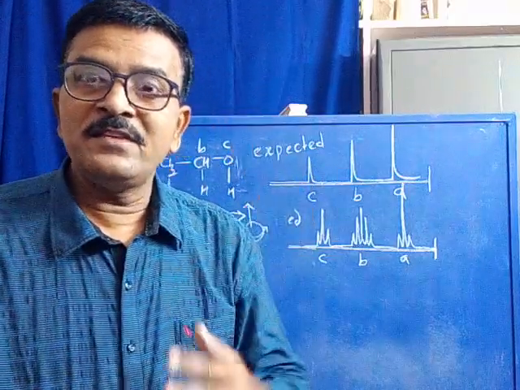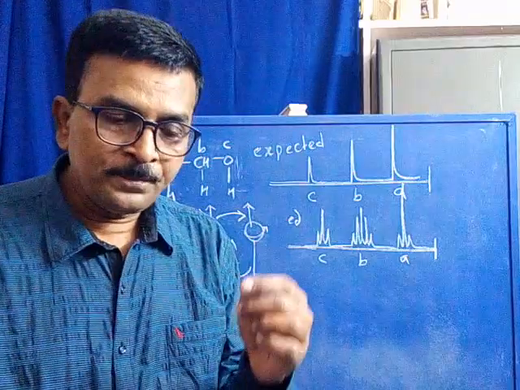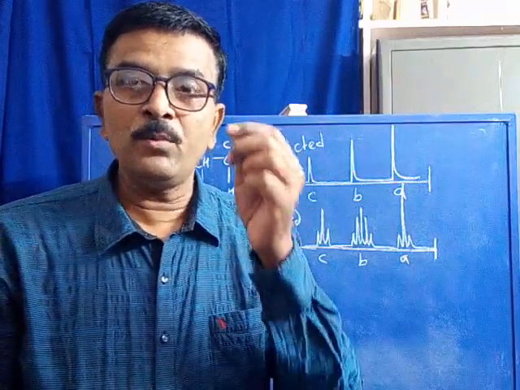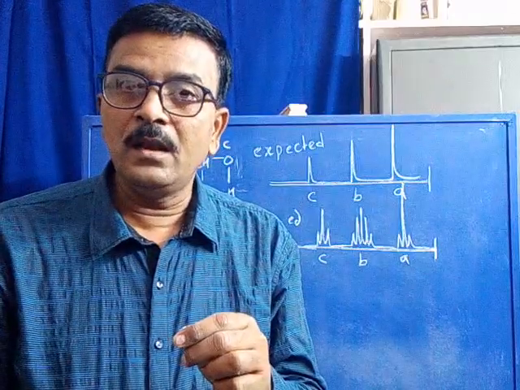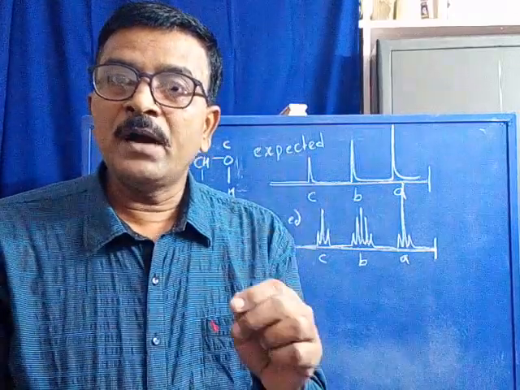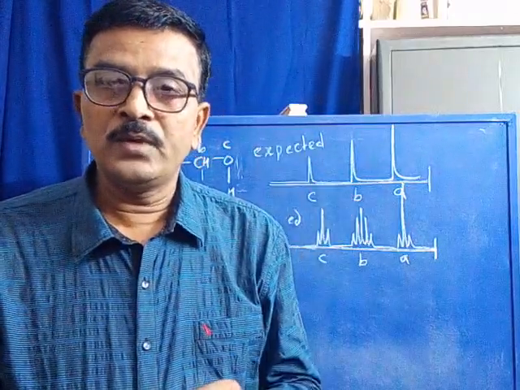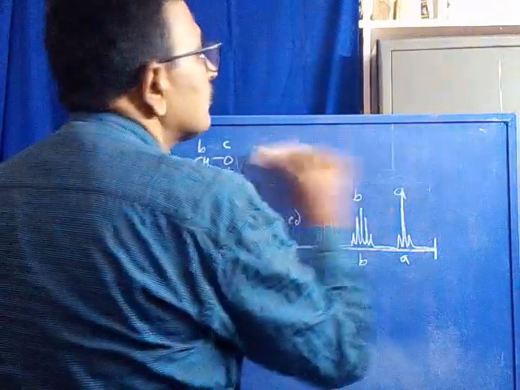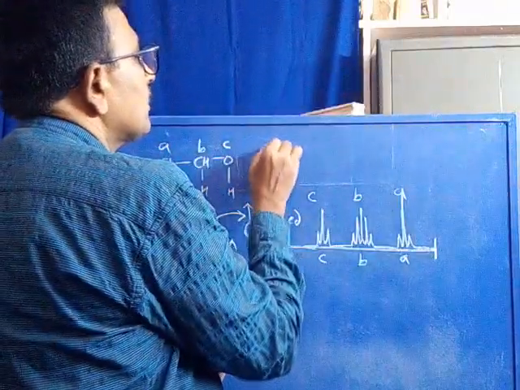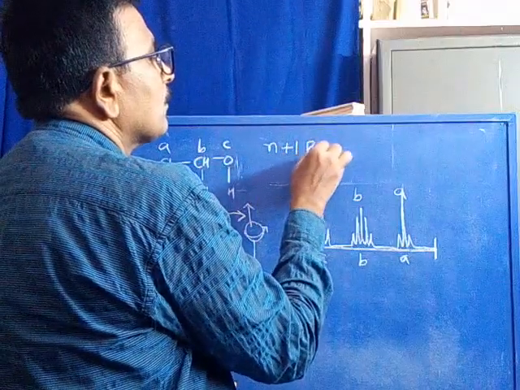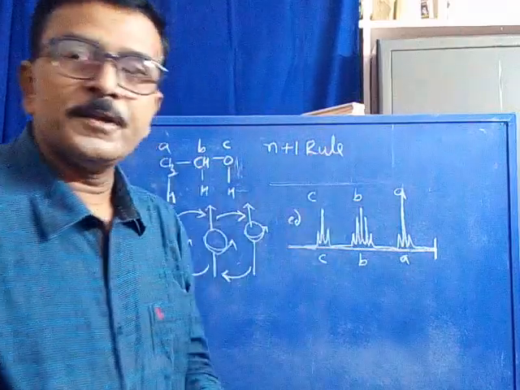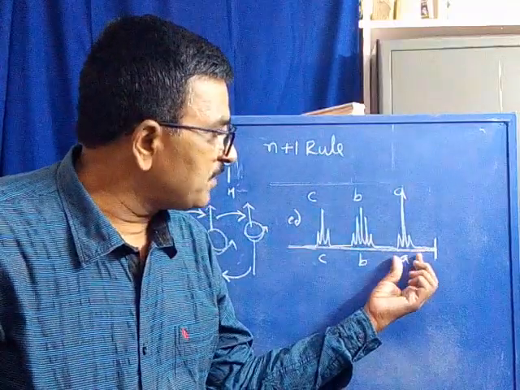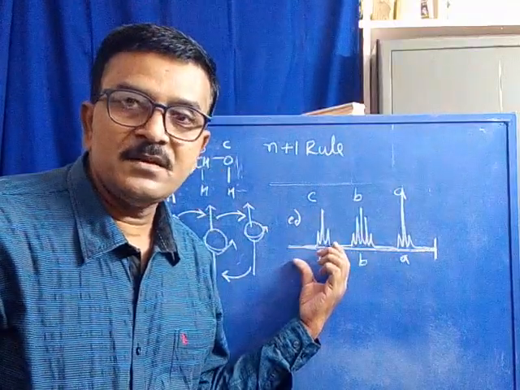Next, how many lines appear? The number of lines for a spin coupled proton signal is given by the n+1 rule. Are you following? This is one signal, this is the second signal, this is the third signal.